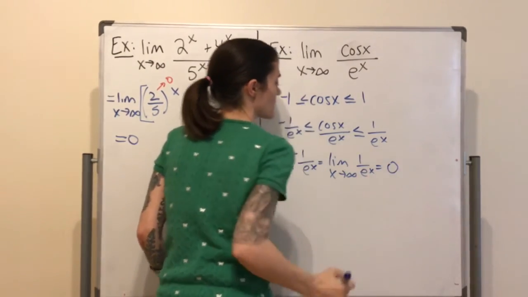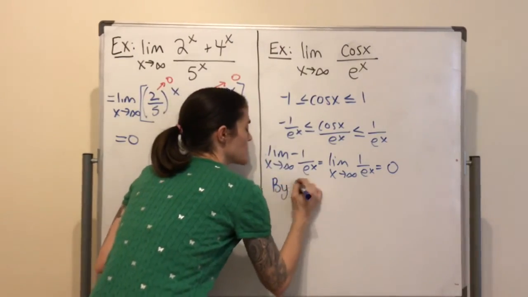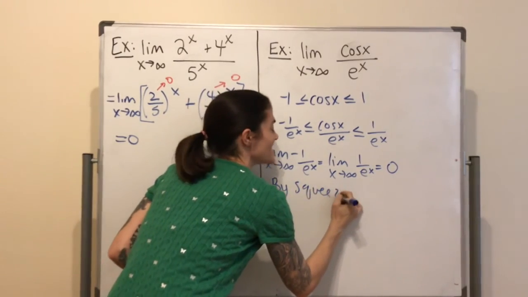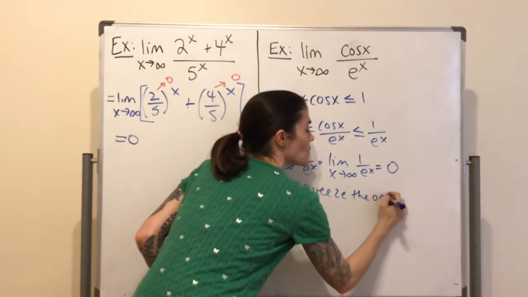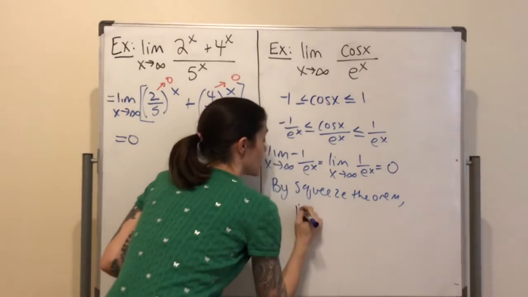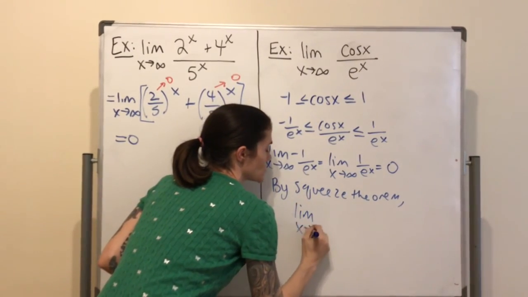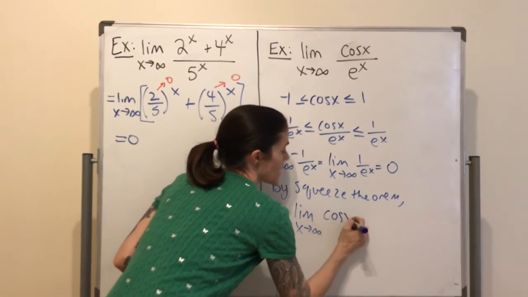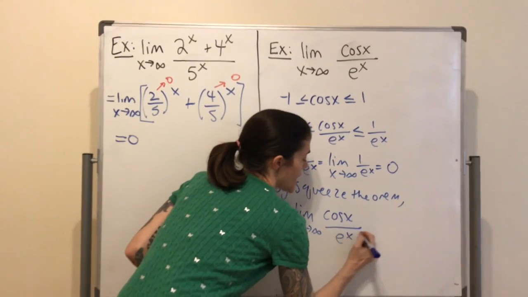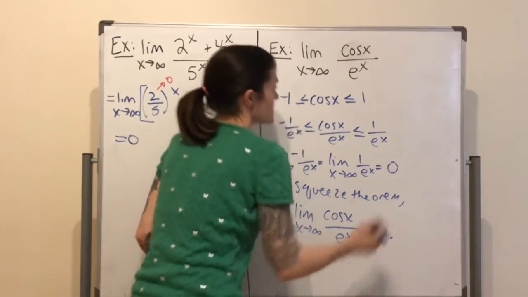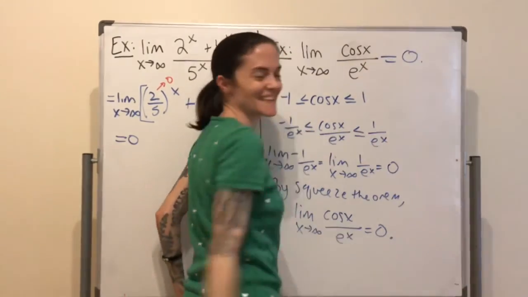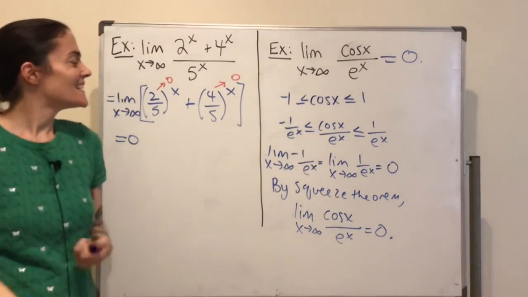Fixed numerator. And so by the squeeze theorem or pinching theorem, we get that the limit, oh, well, I'll write it here. X goes to infinity of cosine x over e to the x is 0. So now we have an answer, okay?